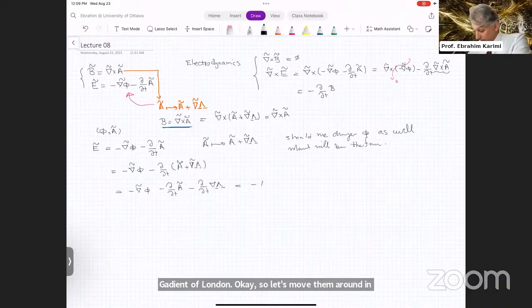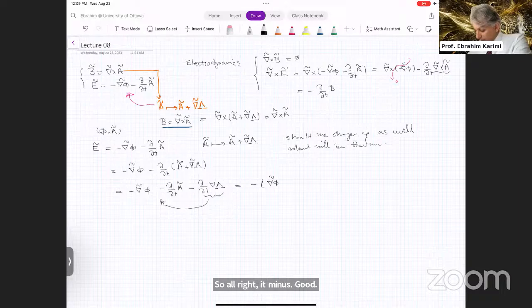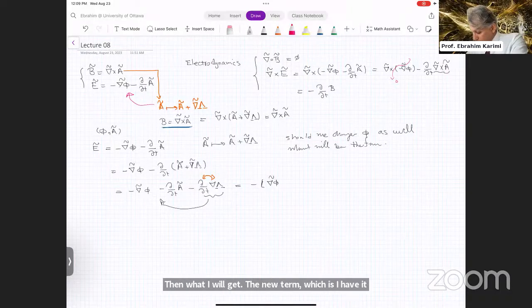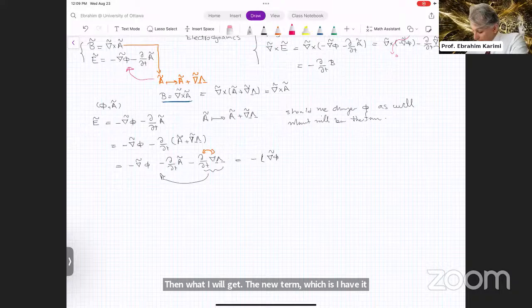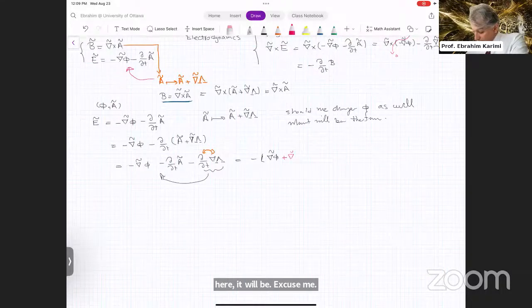I will swap gradient and derivative, so the new term becomes plus gradient of the time derivative of lambda.